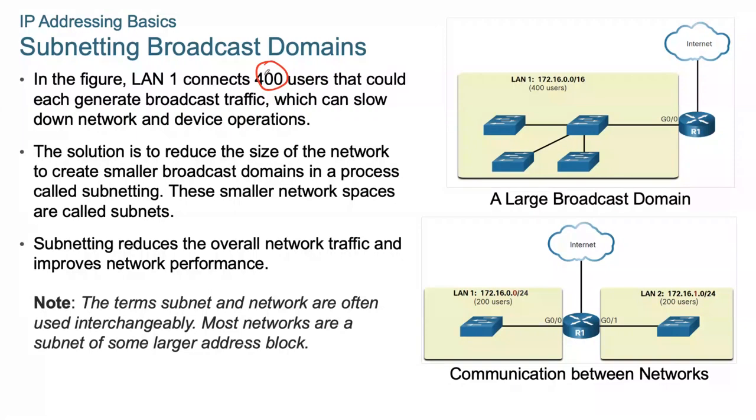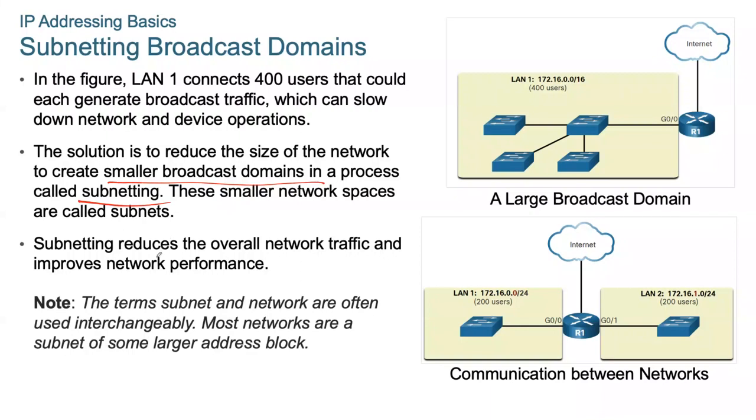Or you can divide the entire 400 end devices into 2 private networks. So if any device in one private network is broadcasting, that will not affect the other network. In that way, it will improve the performance of your network. So the solution is to reduce the size of your network to create smaller broadcast domains, in the process called subnetting.